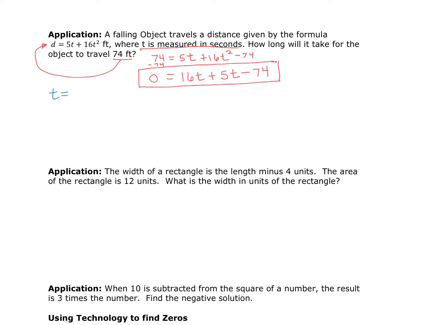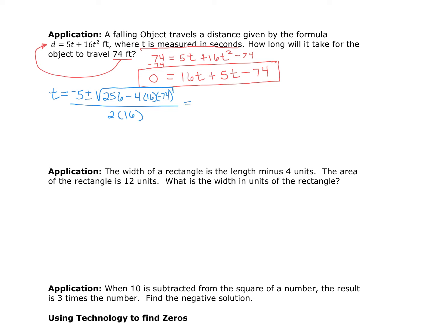And we're going to say t equals negative b, so negative 5, plus or minus the square root of b squared, so 16 squared is 256, minus 4 times 16 times negative 74, all over 2 times 16.